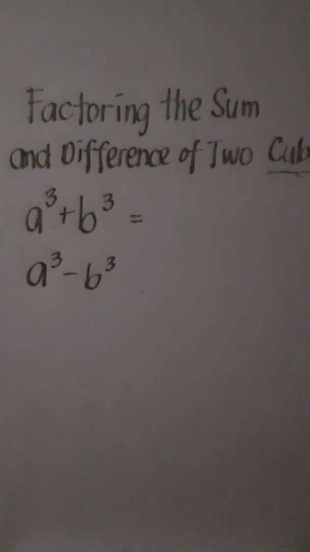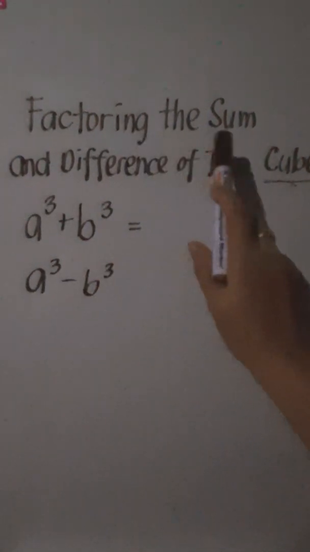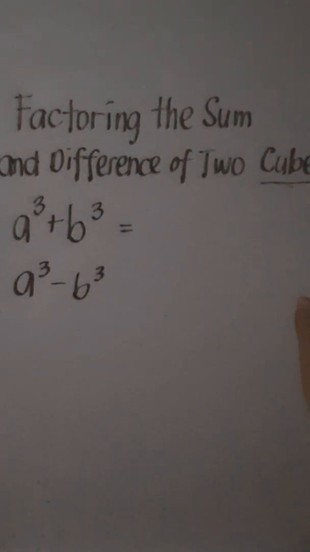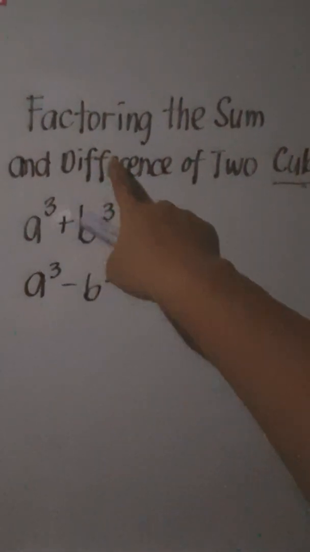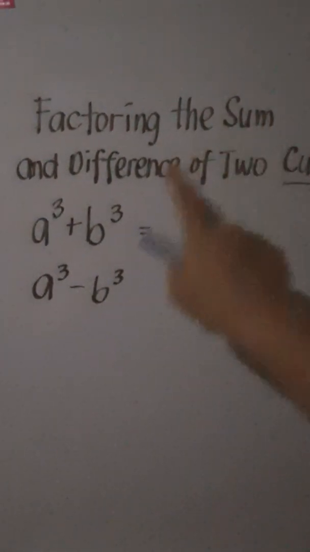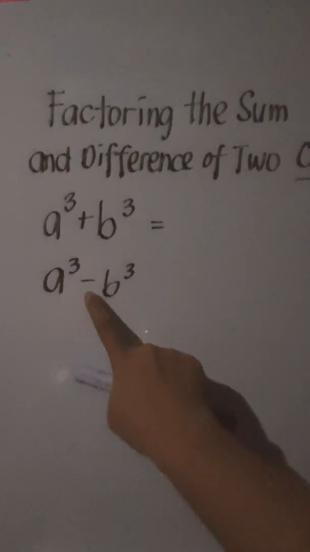Okay, now that we know what the word cube means, let's proceed with factoring the sum and difference of two cubes. So we will factor two cubes that are either added or subtracted.